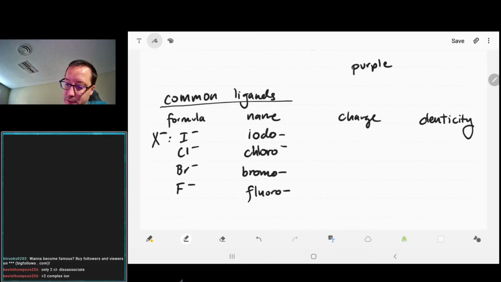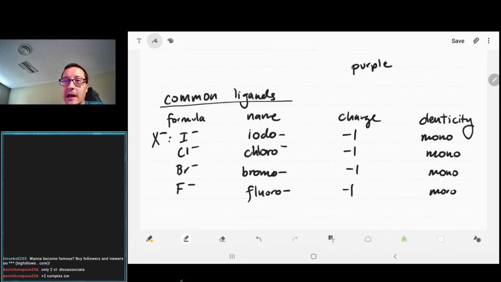The charge of all these ions is -1, and these are all monodentate, meaning they have one place they can bind. That makes sense because they're individual single atoms, so they should only be able to bind once to something.